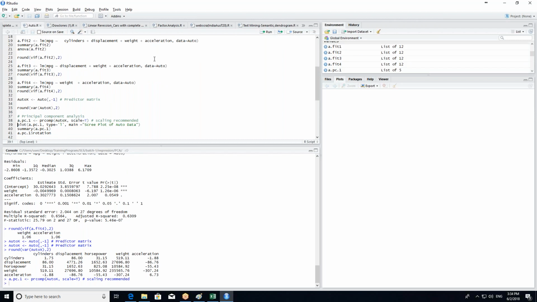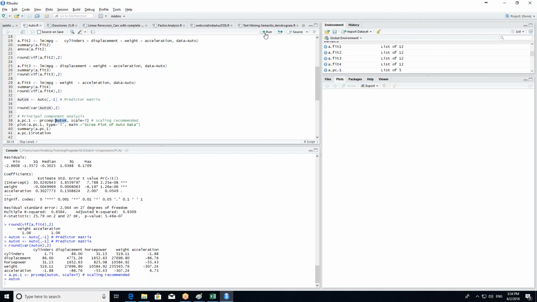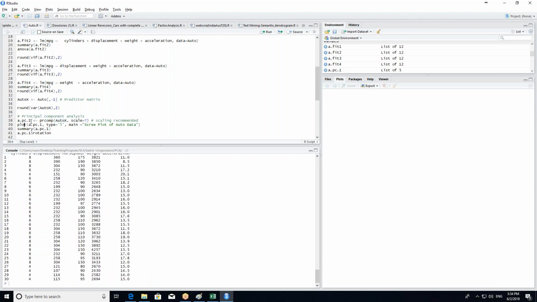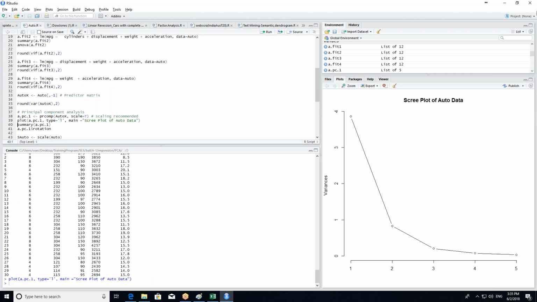Now I am creating the principal components. Okay, you can see prcomp is creating my principal components. And then I can plot my principal components in a graph and see where the elbow is moving, or it is becoming flat.